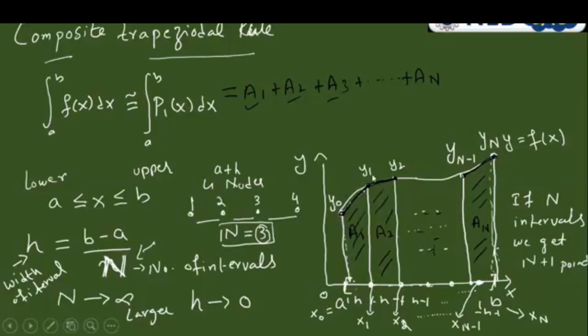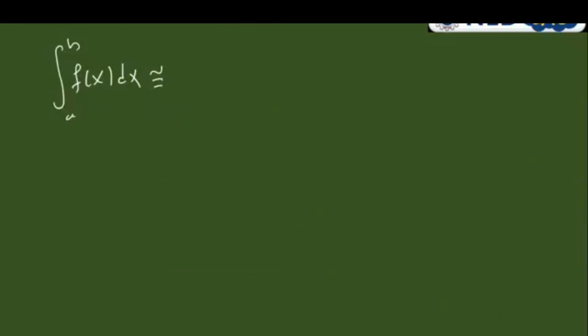The parallel sides are y0 and y1, divided by 2 because it is the trapezoid rule, and they are separated by a distance of h. I am applying the trapezoid rule in a composite sense, in each smaller segment. So I get y0 plus y1 divided by 2, the average of the parallel sides, multiplied by the separation between them, which is h.